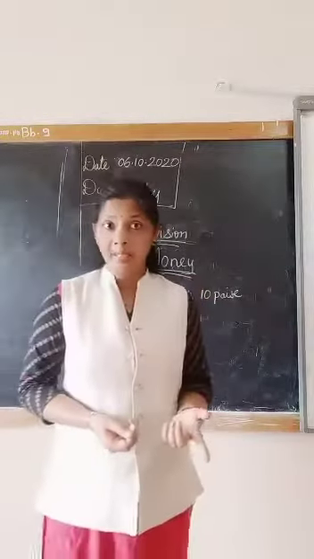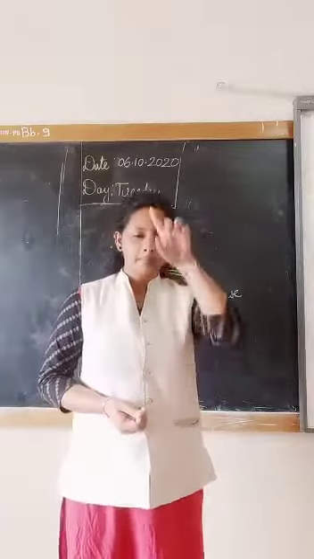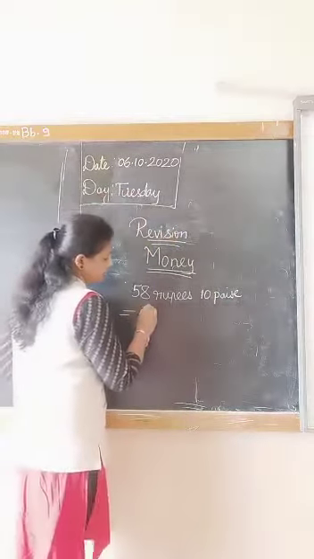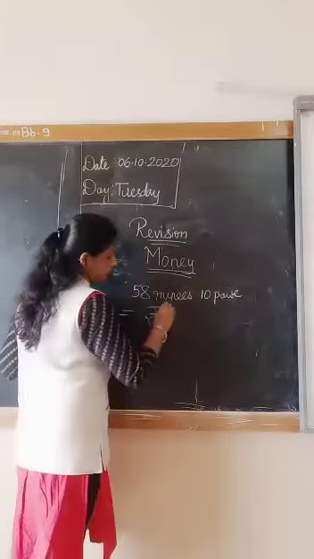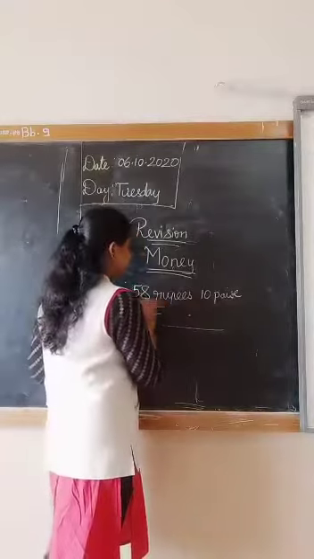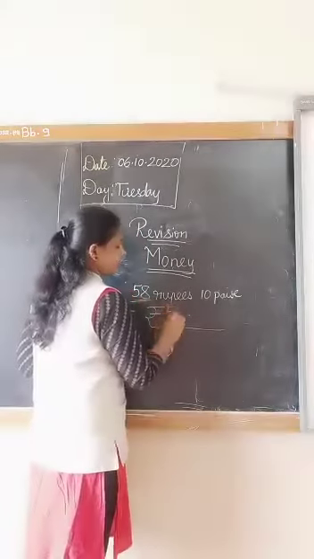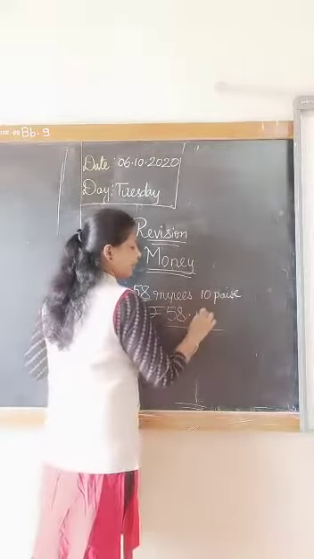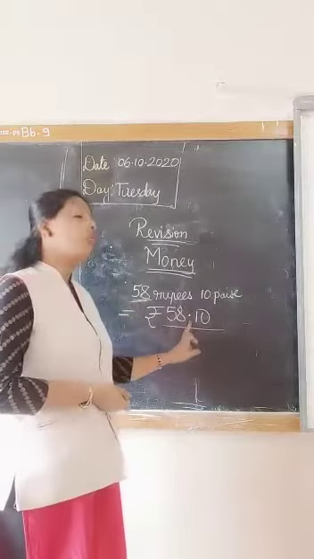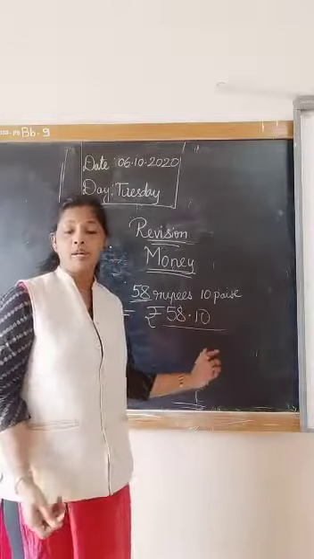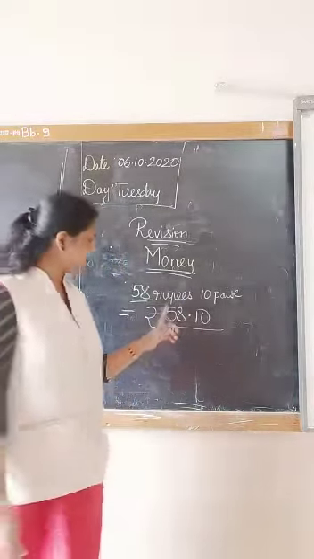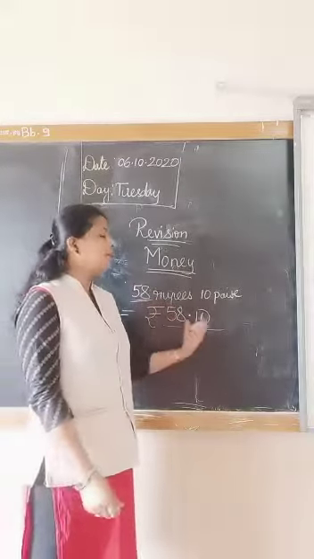If it is 5 paise, you have to write 05, but 2 digits must come. Now how to write it in decimal form? First the rupees symbol, very important. Before the decimal point, the rupees part will come, that is 58, and after the decimal point, the paise part will come, that is 10. So it will be rupees 58.10. Whenever you say point, you have to read it as individual numbers, 58.10, or else you can read it as 58 rupees 10 paise.